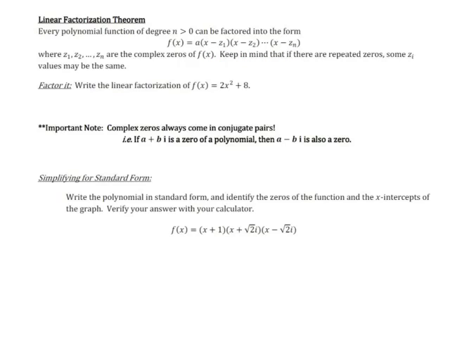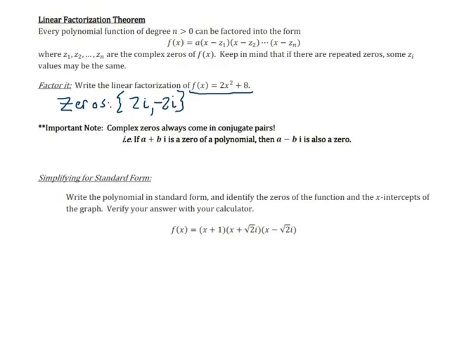So for example, this is the same polynomial from our last example, and we just found out that the zeros are 2i and negative 2i. So those are our zeros there.